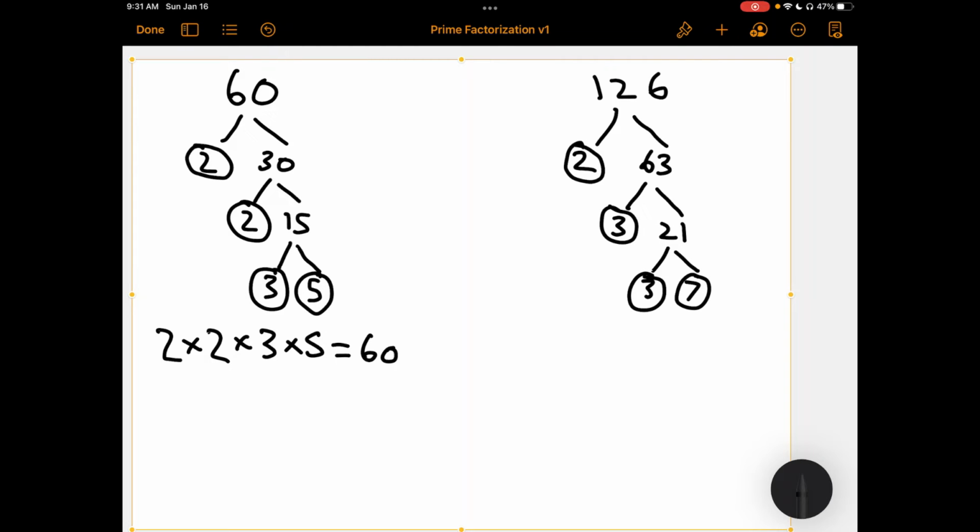If I write it out, 2 times 3 times 3 times 7 will give me 126. Again, you can put it in a calculator or do it by hand, but either way, you're going to get 126 as your answer. And that's how you know you found the prime factorization of that number. Hope that helps.